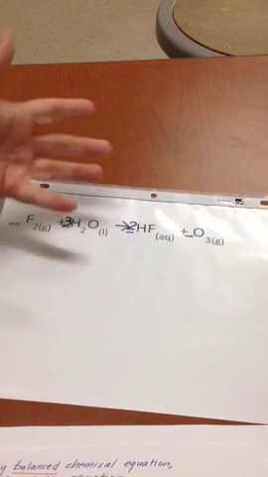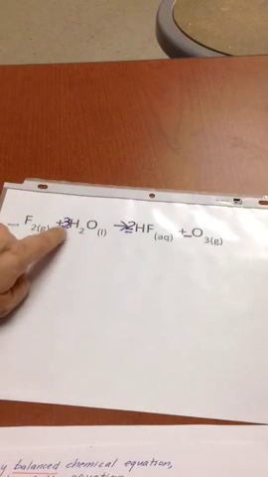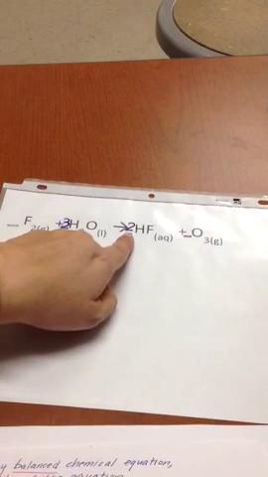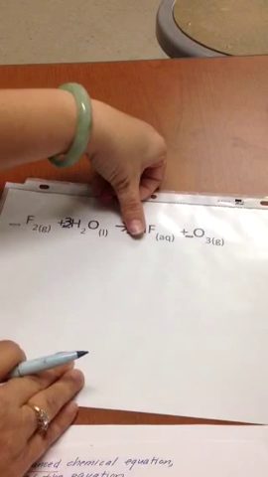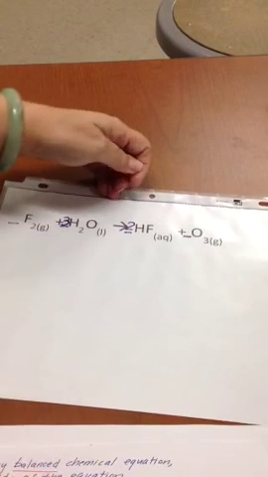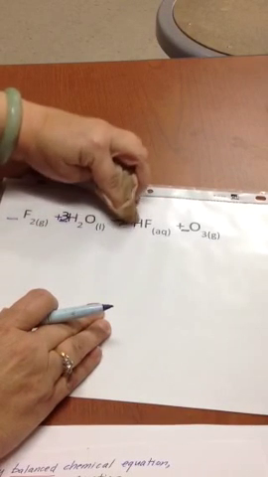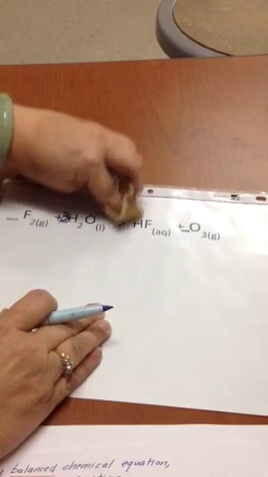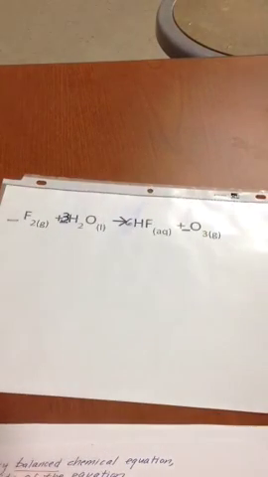So I have to go back and revisit how many of those I have. Here I have 6 H's, and over here I only have 2 H's. So to fix that, I have to remove that coefficient of 2, and I have to replace that with the coefficient of 6. The only way I can fix that is to put a 6 coefficient in this location.